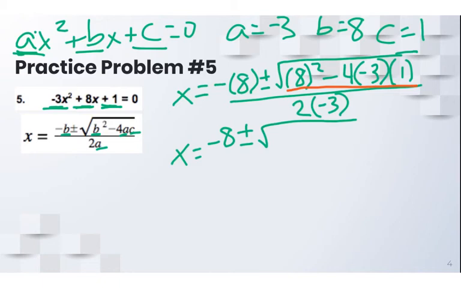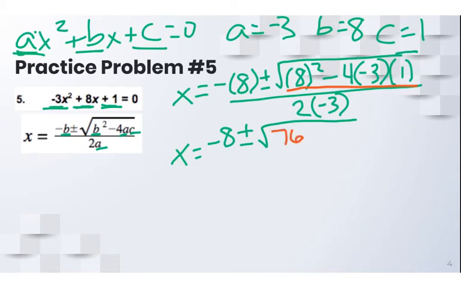So literally I'm going to put 8 squared minus 4 parentheses negative 3 parentheses 1. You can also put minus 4 times 3 times 1. And make sure you're putting the negative button, not the minus button, for negative 3. All right, and I got 76 here.